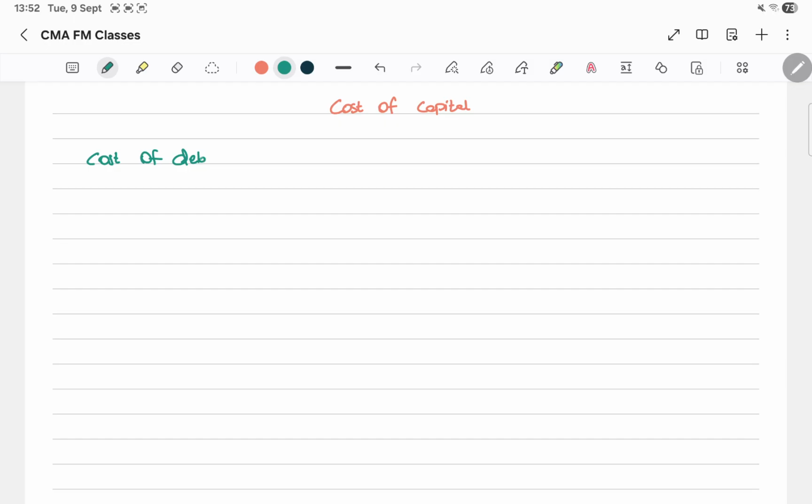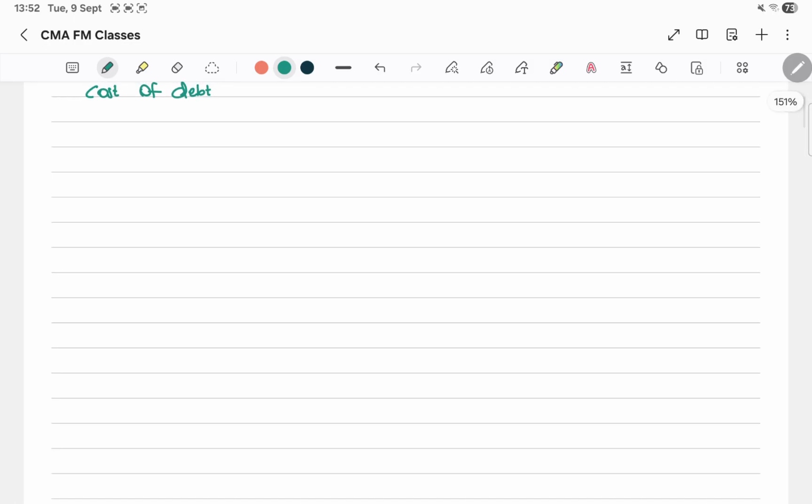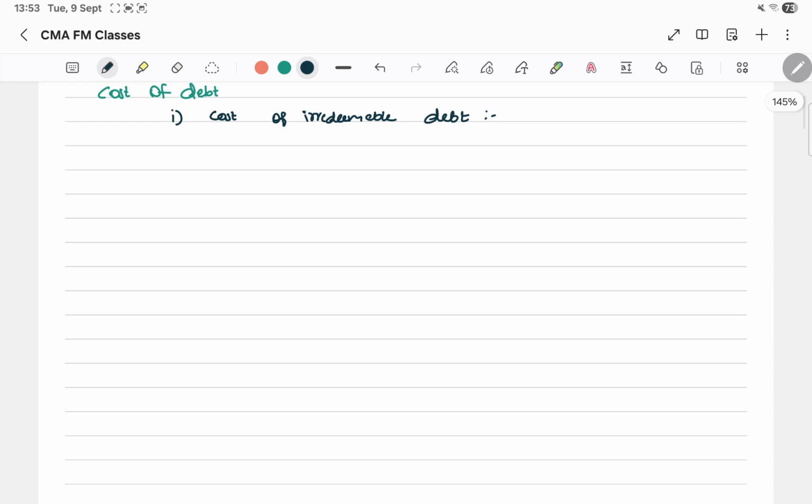So what is the formula? There are two divisions for this. For cost of debt, first you can take cost of irredeemable debt. Under cost of irredeemable debt, the formula is KD.